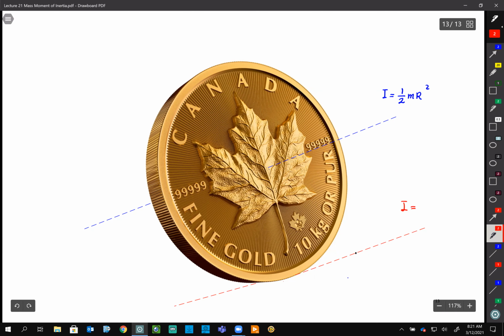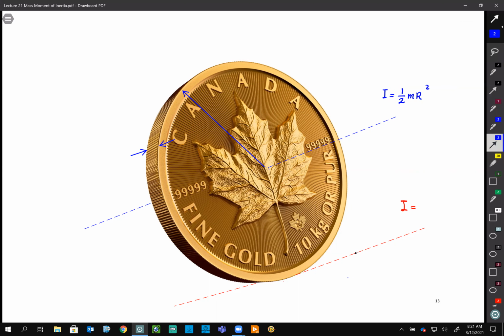So you have about 30 seconds, and then I'm going to ask somebody to tell me what is I about this axis. So assume the radius is R, right? Radius is R, and let's say the thickness is T.